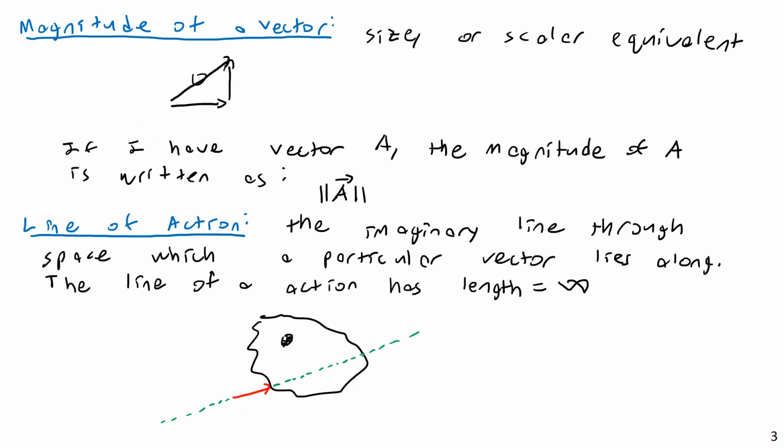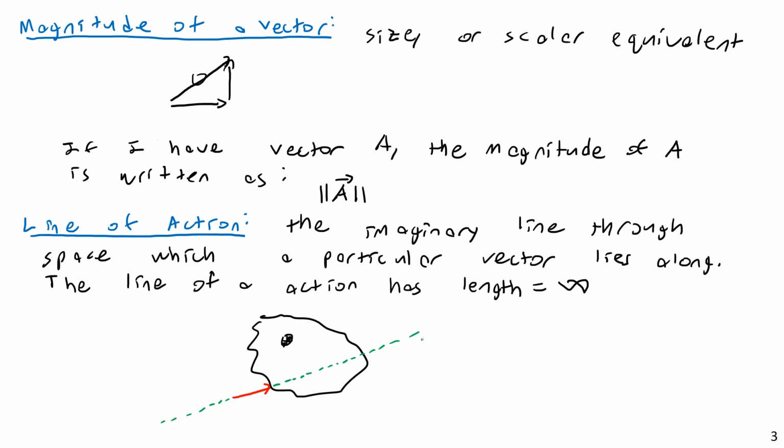If I was in contact with it, if I was standing here and had my hand here, I might feel the effects of this force being passed through the body. But if I was just standing here, as long as I wasn't in physical contact with this object, I would not feel any effect of that force. The force itself only affects the body that it is in contact with.